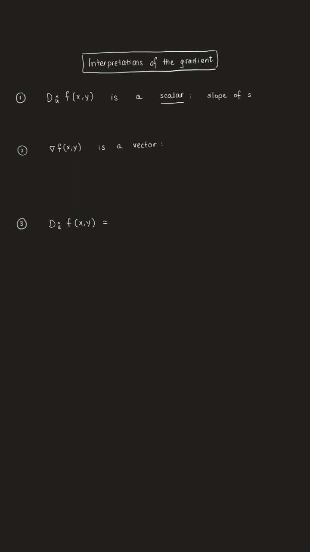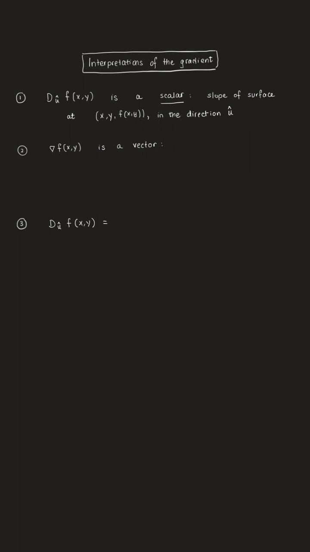So let's say the slope of the surface at the point x, y, f of x, y. It is a numerical value that gives us slope. And of course, this is in the direction of our unit vector u.